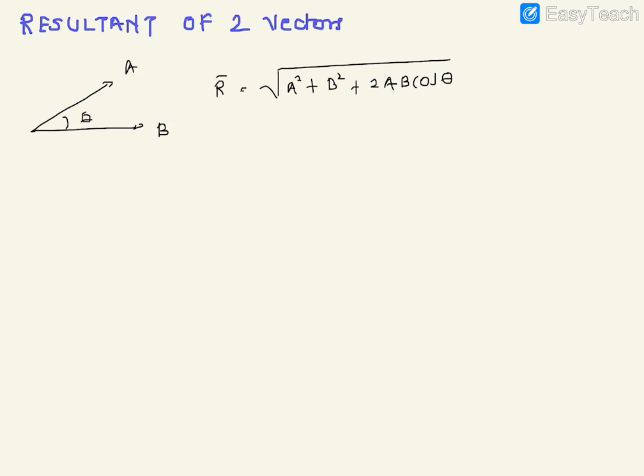Now our resultant will be somewhere between a and b. I hope you are following this. Then I have case 1, when my a vector is greater than b, and case 2, when my b vector is greater than a.